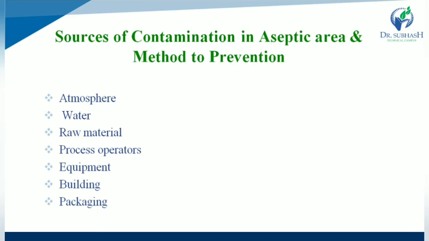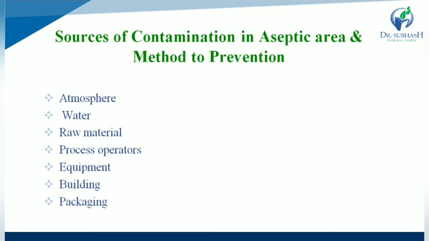Next one is raw materials. Raw materials, particularly of natural origin, are a potentially rich source of microorganisms. Products from animal sources such as gelatin, desiccated thyroid, pancreas, etc. all may be contaminated with different pathogens.